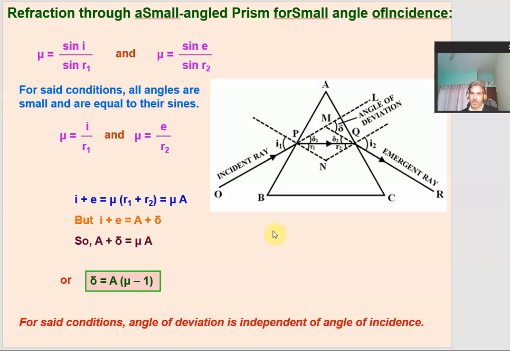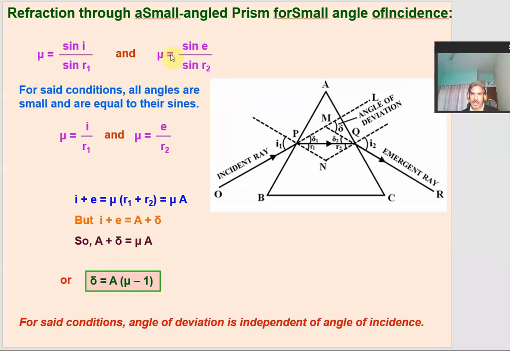So let us proceed. Whenever this happens, we can write Snell's law for the refraction happening at face AB and at face AC. For the first face AB, Snell's law is given by mu equal to sine I upon sine R1, sine of angle of incidence divided by sine of angle of refraction R1.